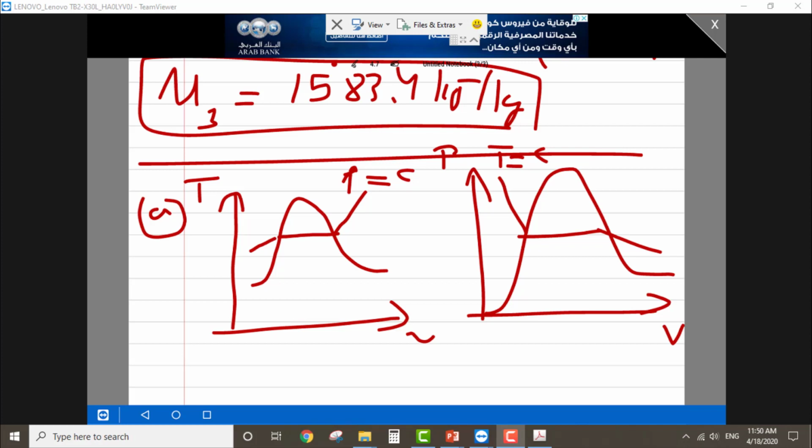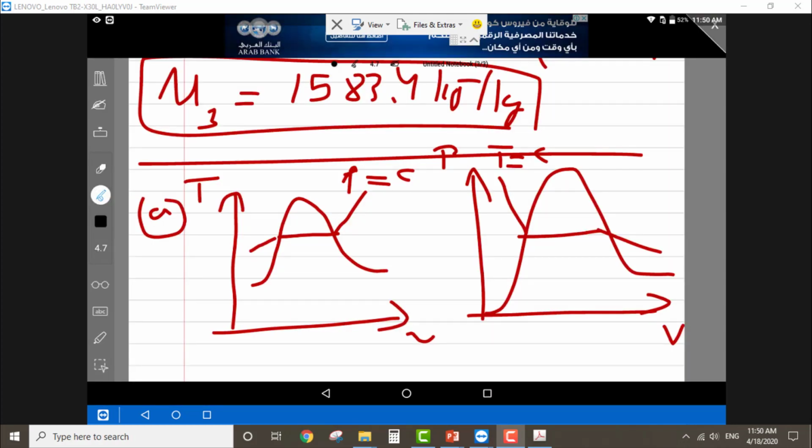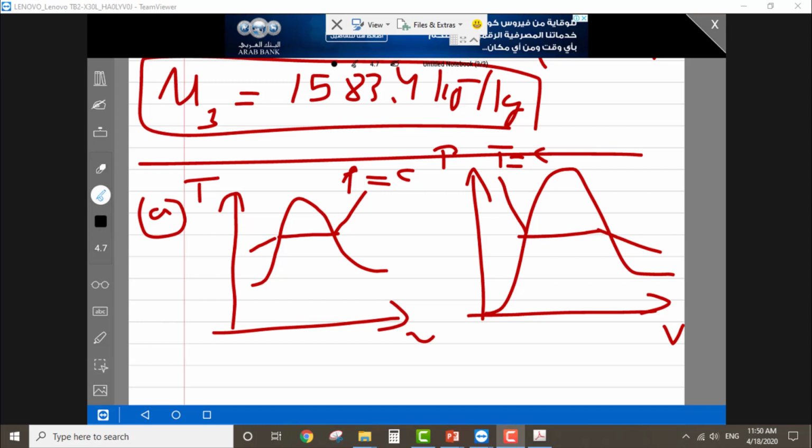First process, let me change the color. We have the water cooled as it's compressed. So V1, we said earlier, is greater than V2, and the pressure is constant. So we are starting from superheated, as we discovered, and we transfer to state 2 at a constant pressure.